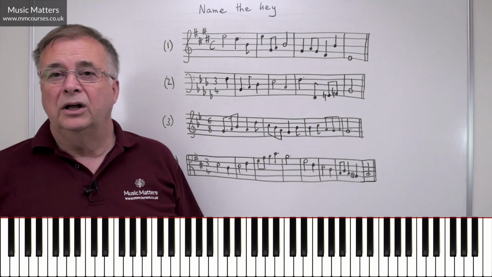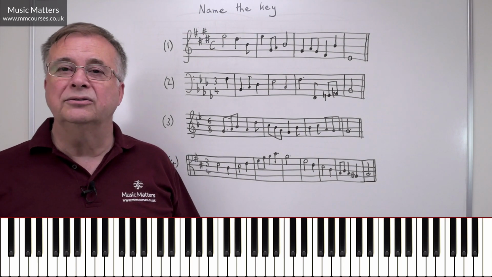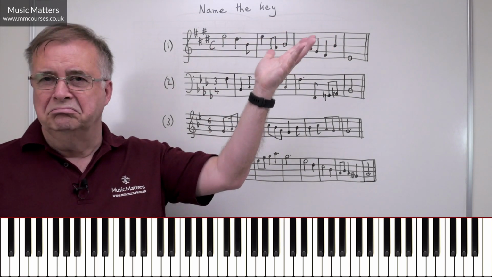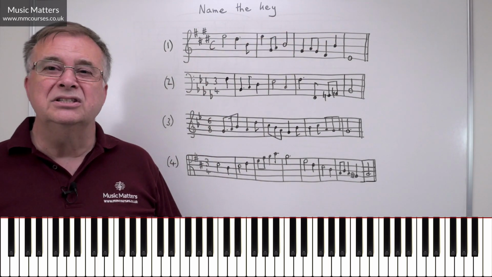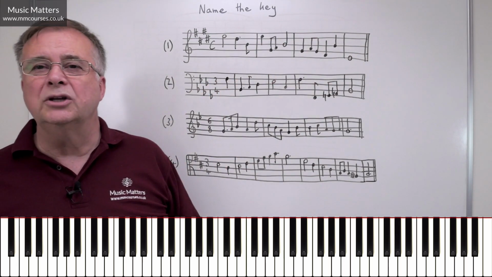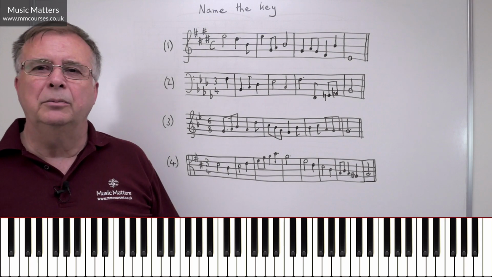And when it does that, we're going to start introducing the accidentals for that new key. So it may start in E major and then it may go somewhere else. So be a little bit careful. It doesn't necessarily mean because there's an accidental down here somewhere that it must be in C sharp minor. It may be modulating somewhere else.